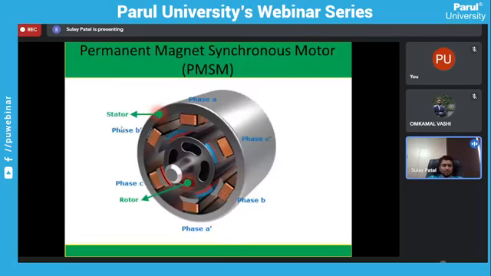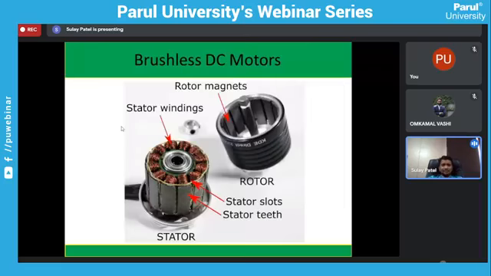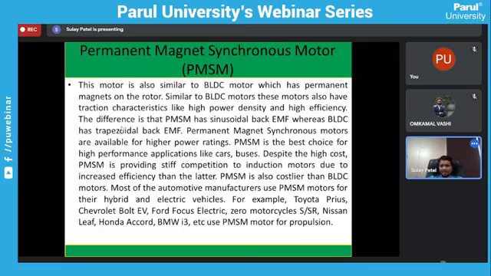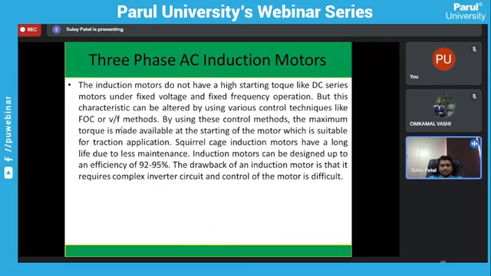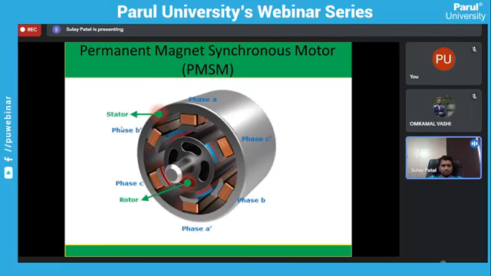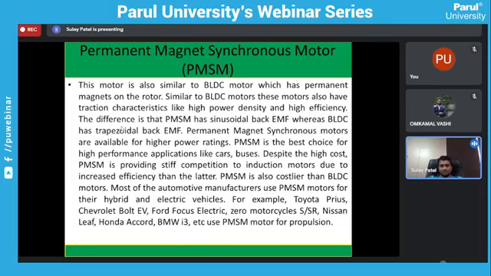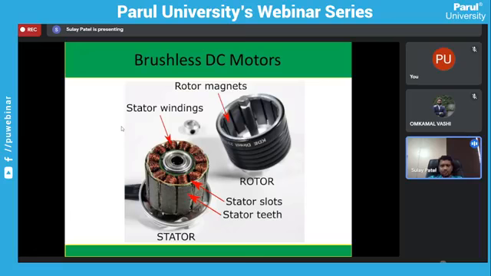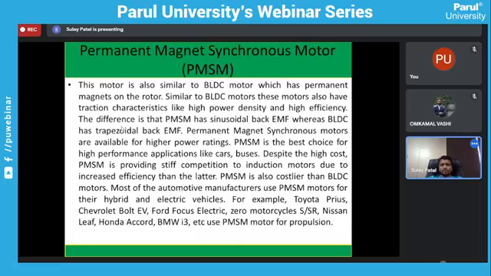Basically, there are three motors currently used in electric vehicles. The first is BLDC, then PMSM, and another one is the AC induction motor. Mid-range cars available in India as well as all over the world use the AC induction motor. High performance cars use PMSM motors, and low capacity and small vehicles use brushless DC motors.